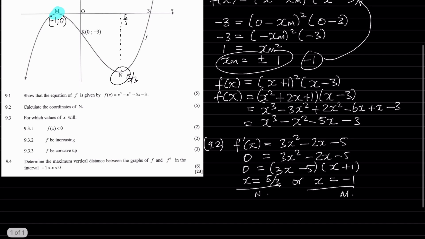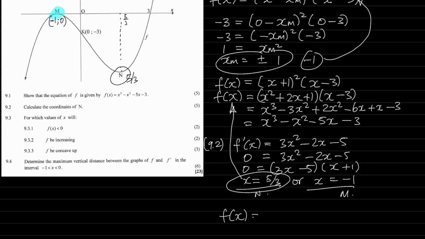Oh, well, they want the coordinate. So if they want the coordinate, we need to take this 5/3 and substitute it back into the original function. So f of x is going to equal 5/3 to the power of 3 minus 5/3 squared minus 5 into 5/3 minus 3.